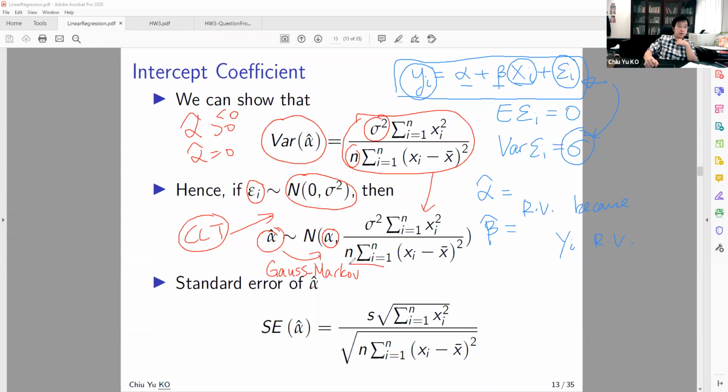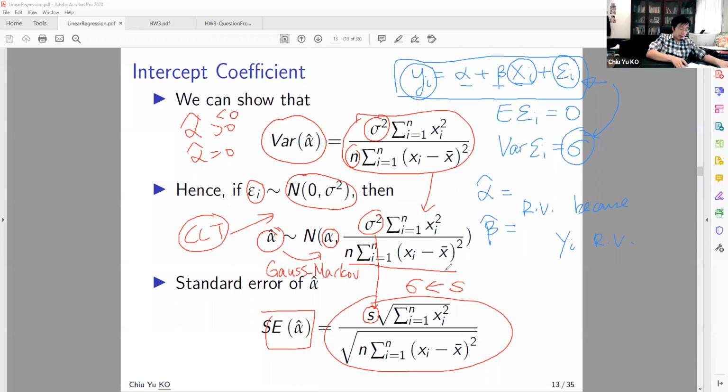Usually we call the standard error: we take a square root and replace sigma by s, so everything will be in terms of data. This is the idea behind it.